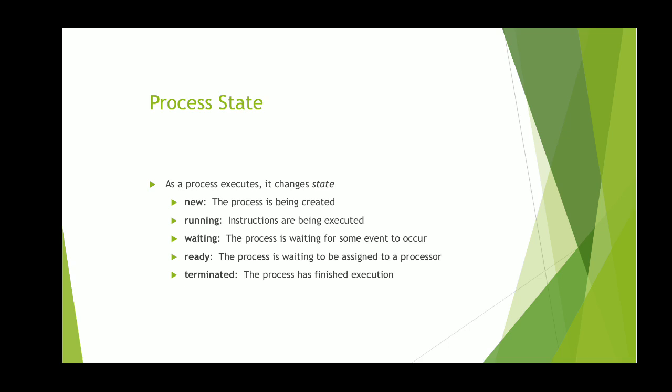And after creation of the process, when the process starts execution, we call it the running state. And suppose the process needs some external resources, at that time the process is in a halt state waiting for some external resources, and in such cases we say the process is in the waiting state.